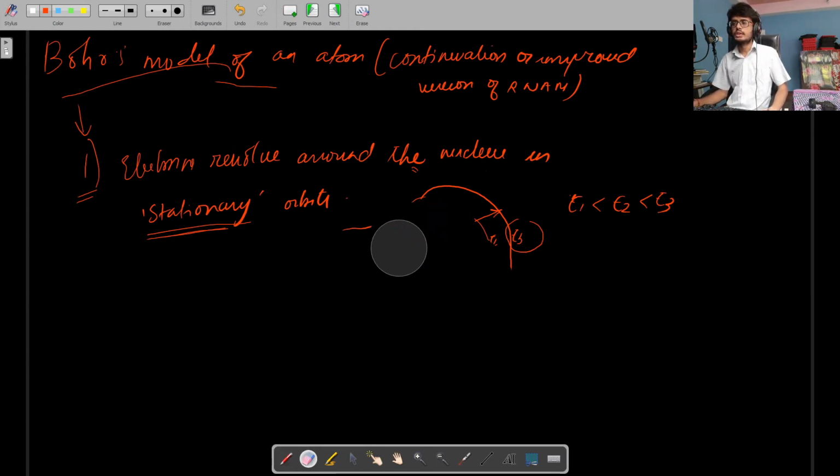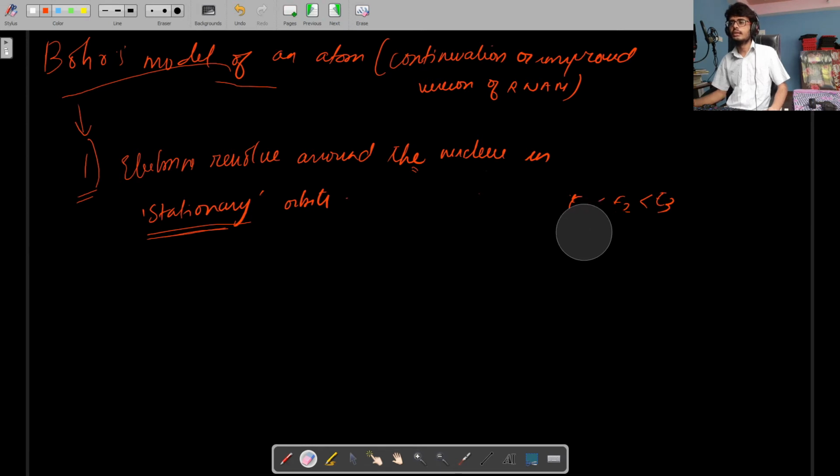The first postulate of Bohr's model of an atom was actually an answer to a drawback of Rutherford's model. According to Rutherford's model, there was no explanation about stationary orbits. So it was a flaw of the Rutherford model, because if an electron was revolving in an orbit around the nucleus, obviously the pull of the nucleus would overcome the centrifugal force.